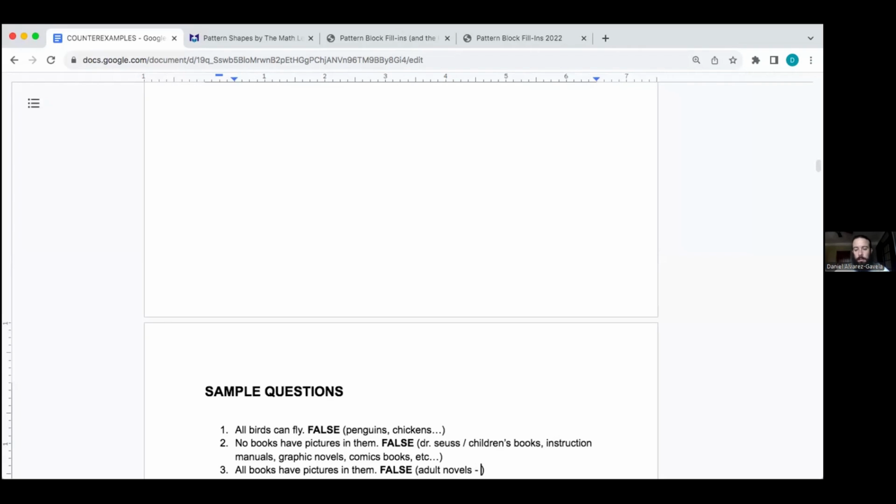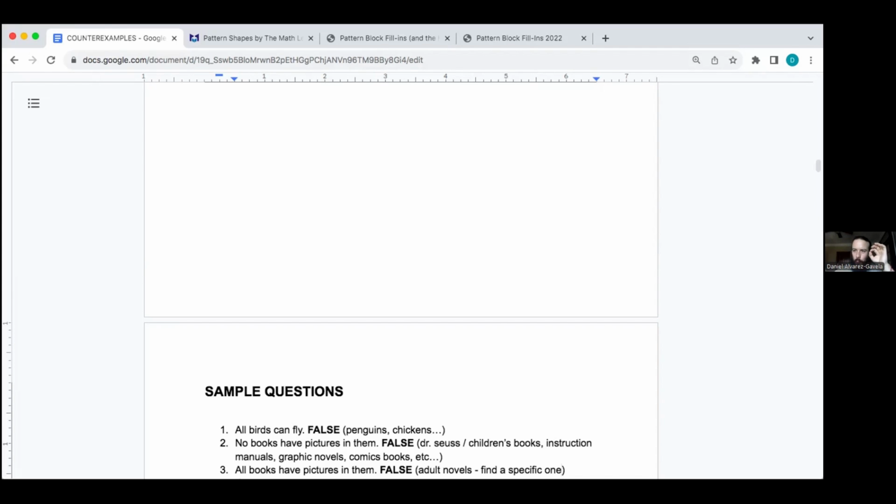So we should find a specific one that doesn't even have pictures on the cover, because as the comments are pointing out, some adult novels do have pictures in them, at the very least on the cover. And so saying adult novels doesn't quite cut it.